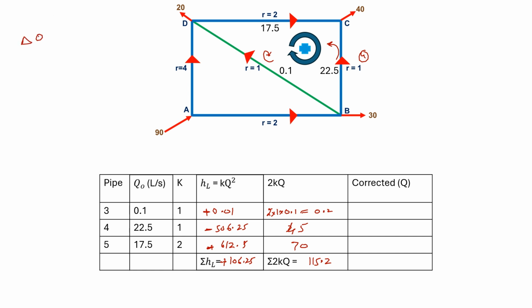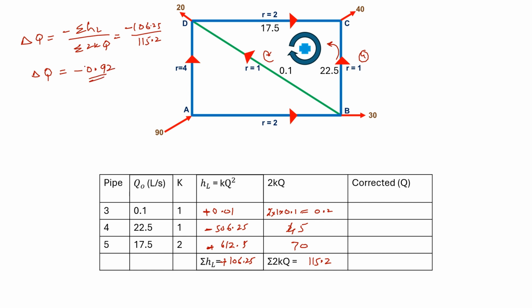The correction factor is minus summation of HL over summation of 2kq, minus 106.25 divided by 115.2. So delta Q will be equal to minus 0.92.